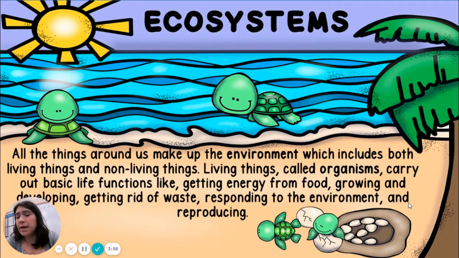So an organism carries out basic life functions, such as getting energy from food. So that's us, where we eat our food. And then plants get their energy from making their food. So we just get it in two different ways. Growing and developing. So we grow bigger as we age, and then sometimes we shrink, but that's okay. Plants grow as well.